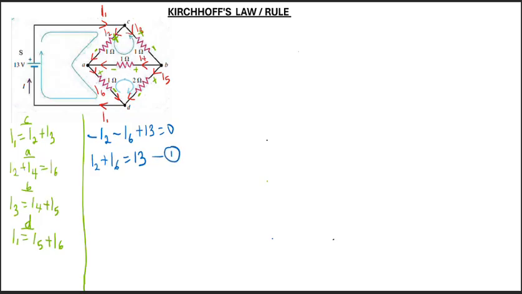Then I move to the second loop. If this is loop A, this is the voltage in loop A. So if this is loop B, now let's check the voltage in loop B. It moves like this also, according to how it was given. So I move from positive of this 1 ohm resistor carrying I2 into negative, that's minus I2 also, because that is the I2 current flowing through this resistor.